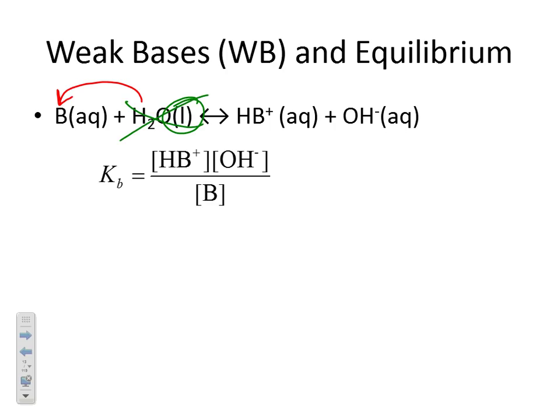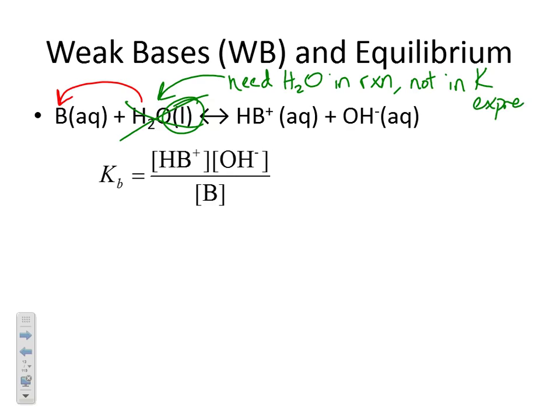So the Kb expression here is the concentration of HB+ times the concentration of OH- divided by the concentration of B. You still need H2O in the reaction, but you're not going to put it in the K expression. So this is an example of, yeah, you absolutely need that water in that reaction. We don't include it, though, because it doesn't really have a concentration in this expression of concentrations.